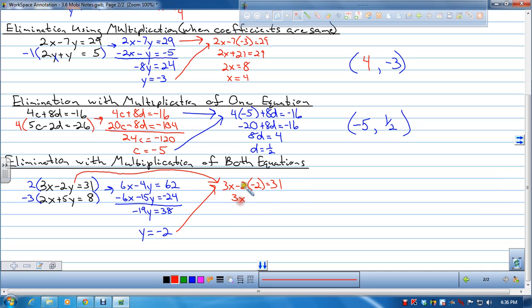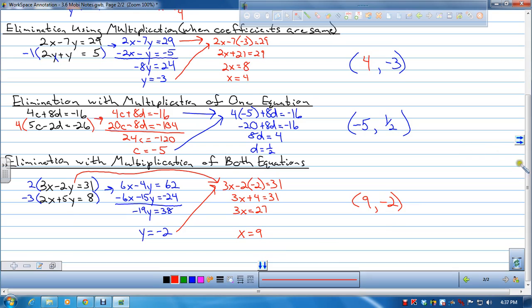So 3x, negative 2 times negative 2 would be a plus 4, equals 31. 3x would equal 27 because I subtract 4 from both sides. And when I divide both sides by 3, I get x is equal to 9. So I would have a 9, negative 2 for an answer there.